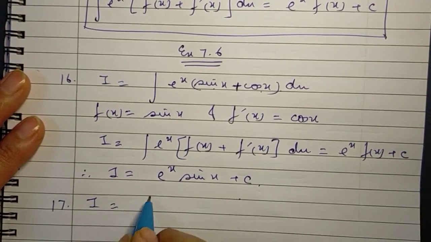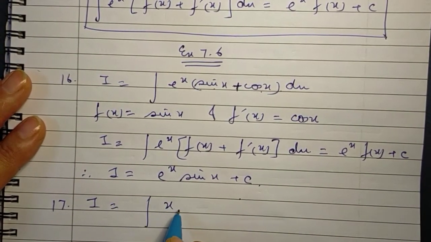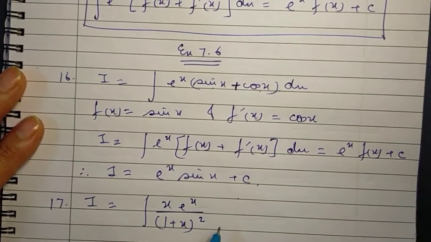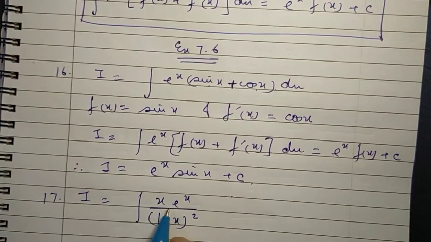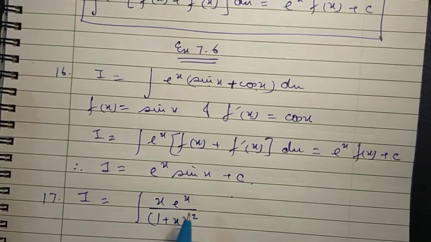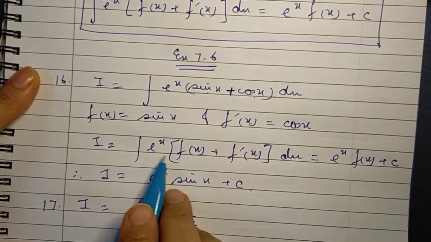Now question number 17 says that the function is x e^x upon (1 plus x) whole square. In such a function, though it's a product of two functions, one function is x upon (1 plus x) whole square and the other one is e^x, still it is not in the form that we want to use.